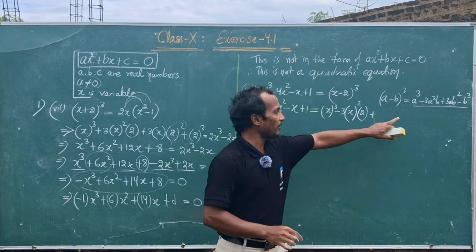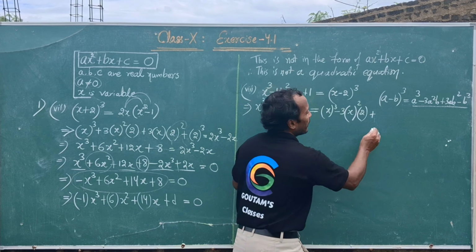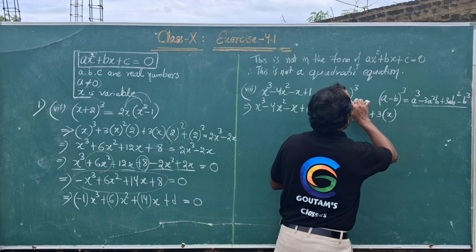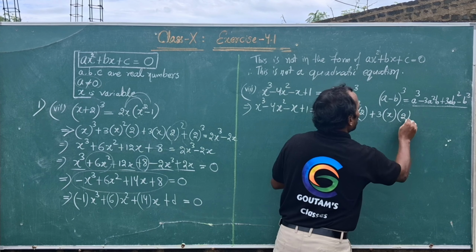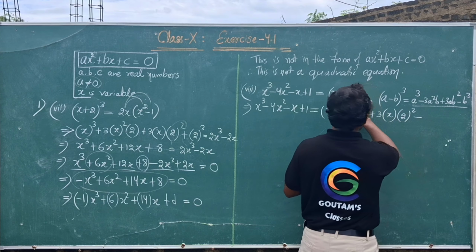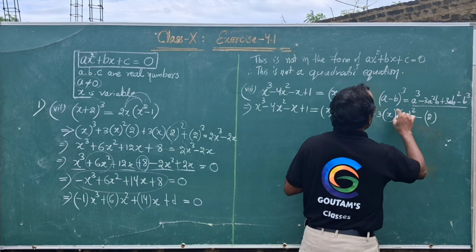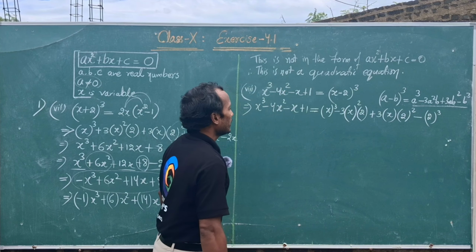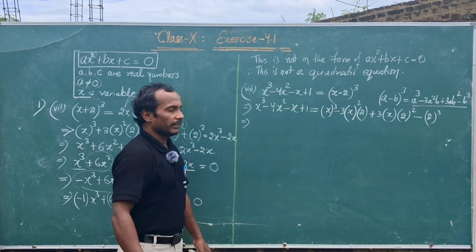Then I have plus 3ab square. So I will write that 3a means x, b square means square of 2. Then I have minus b cube. So minus 2 is in place of b. So I have minus 2 cube. Let me simplify in the next step again.